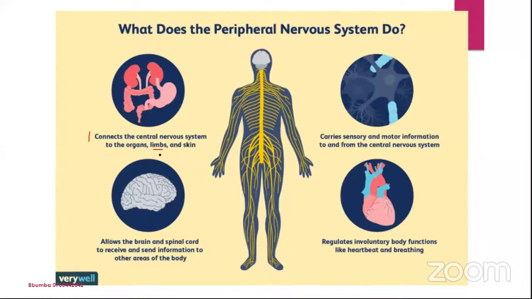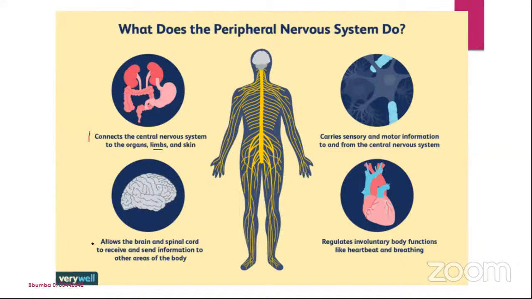Skin means the outermost layer, and limbs means legs and hands, both fall under limbs. Very many people tend to think that limbs means only legs, but it means both the hands as well as the legs.